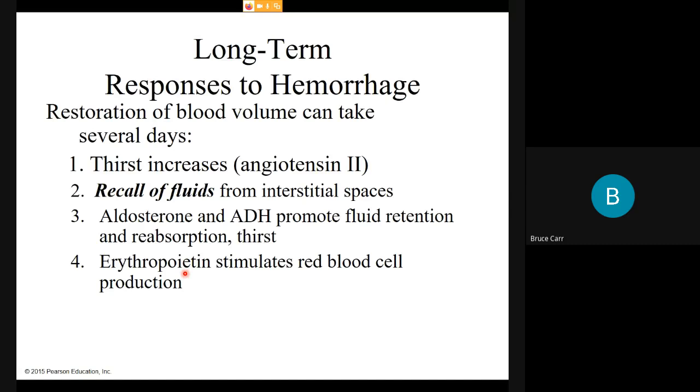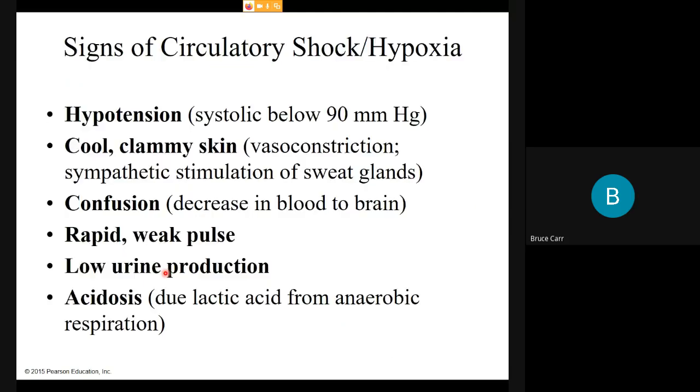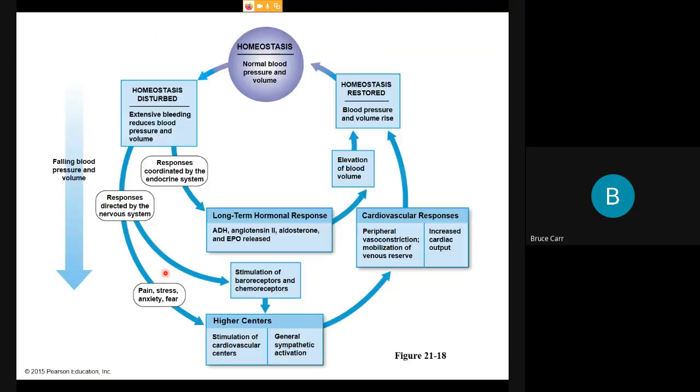If we lose enough blood cells, we're going to turn that dial all the way up to 6, 7, 8, depending on how many blood cells we've lost. Now, the red blood cells take up volume in the blood, and that raises the blood pressure. As I said, this will take a matter of days, but eventually it will restore the normal hematocrit and the normal blood volume.